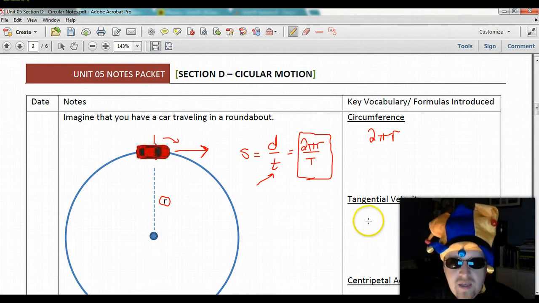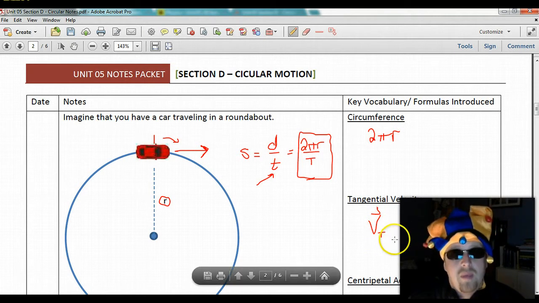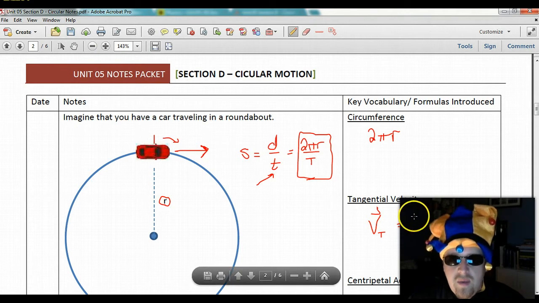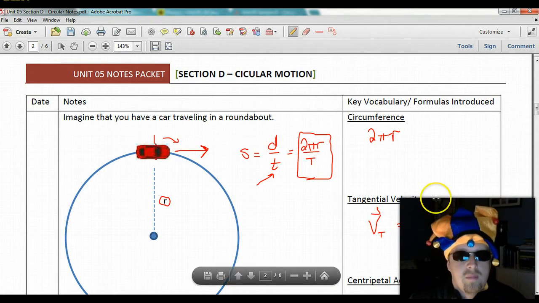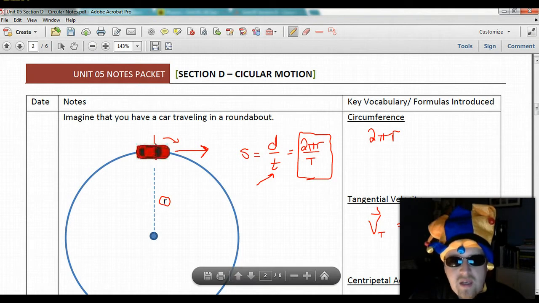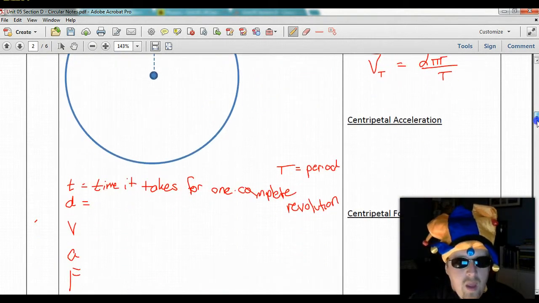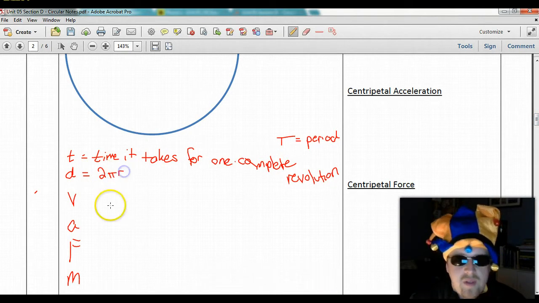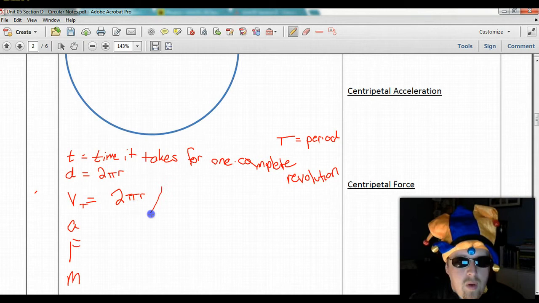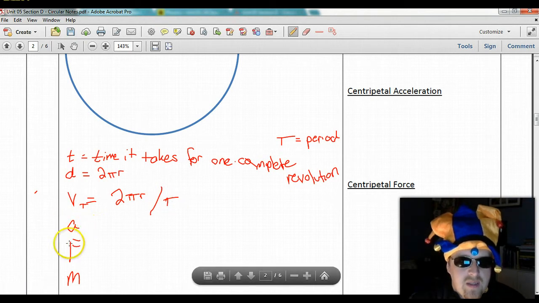So the tangential velocity, and I'll note it as v sub capital T, is going to be equal to 2 pi r over capital T. And we're actually going to come back and look at this again in just a few moments. So we have distance here is like the circumference. We have the tangential velocity, which is equal to 2 pi r over capital T.